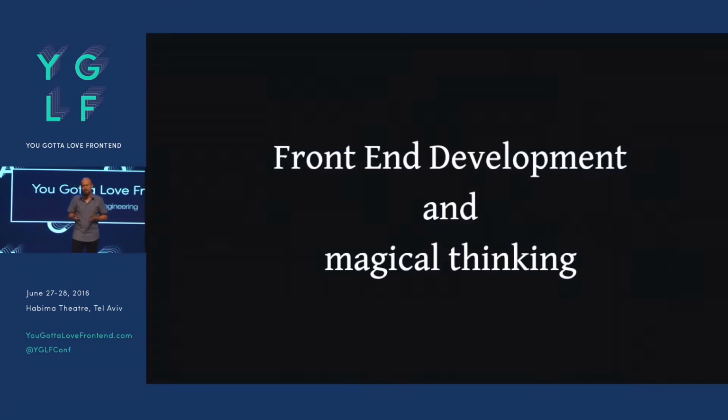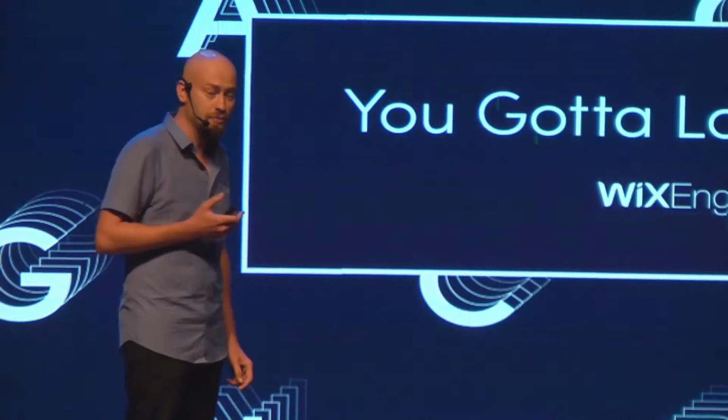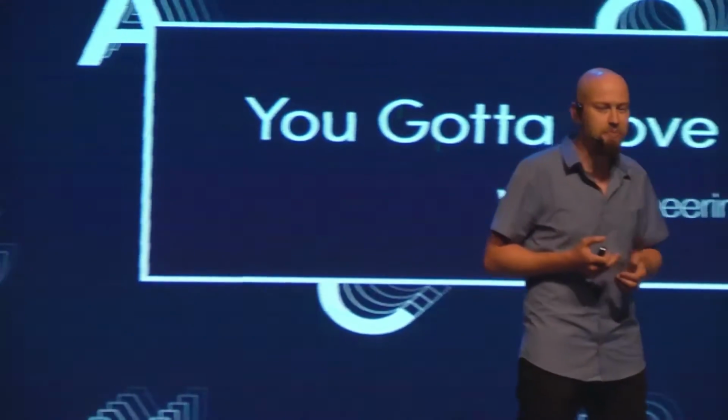Now, I don't know if you noticed, but front-end is full of magical tricks and full of magical thinking. And that's probably part of the reason why I'm so fascinated by it and why I like it so much. There's just something about the front-end developers which keeps them attracted to the magical.